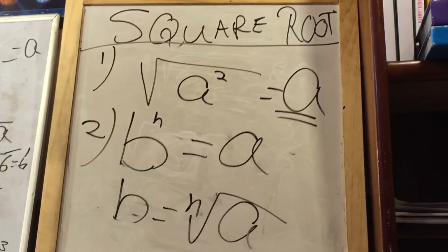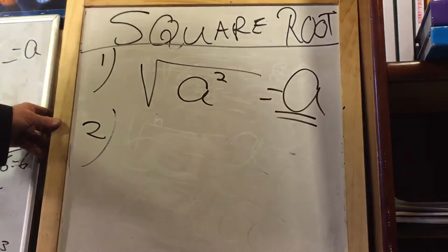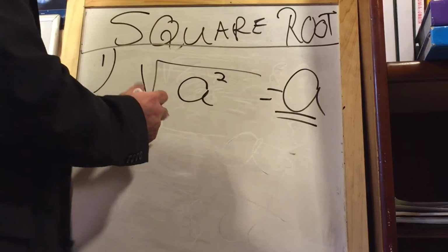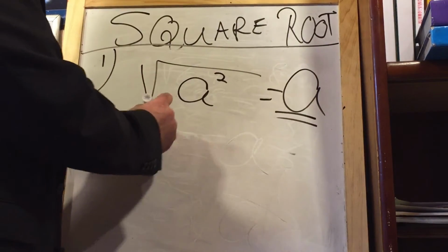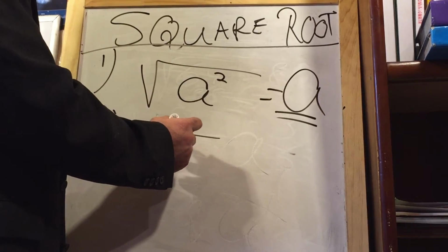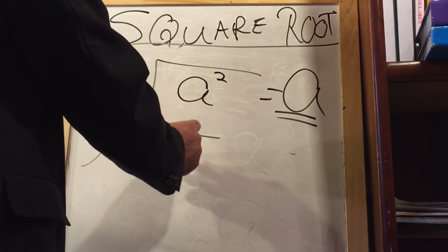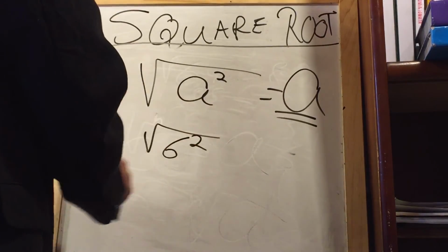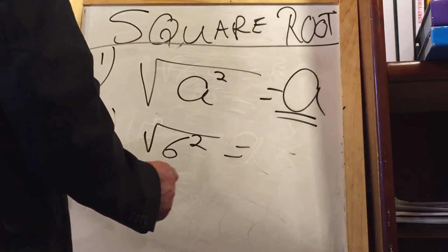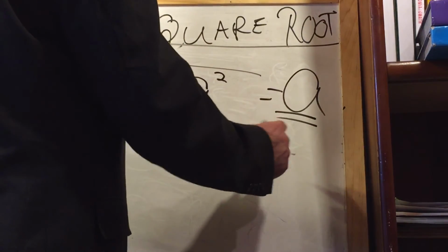Okay, now let's make it easier for you. Okay, if we have square root of 6 square, okay, equal to 6 square.